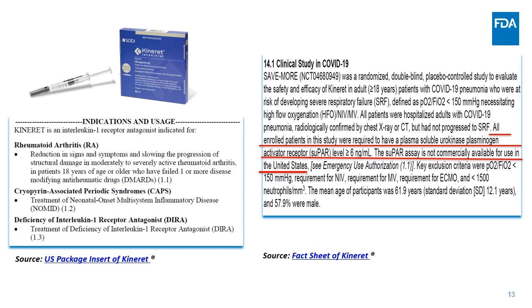More importantly, all enrolled patients in the study are required to have a plasma-soluble urokinase plasminogen activator receptor, or known as suPAR, level greater than 6 nanogram per ml. The results suggest Anakinra is efficacious. However, the suPAR assay is not commercially available in the United States.